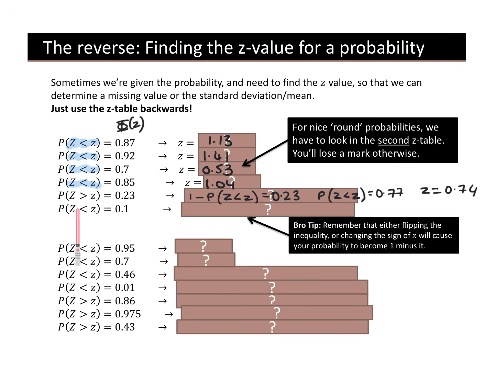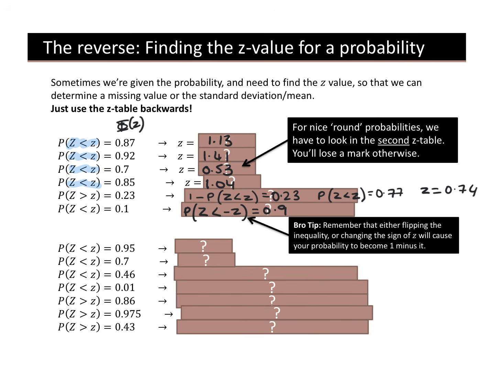So the probability of z being less than z of 0.1 is the same as the probability of z being less than negative z of 0.9. Okay, and it's because we had to do 1 minus that actually we're now finding the negative of it. Because remember the 0.1, if that probability is less than, that means actually we've gone to the left-hand side of the mean.